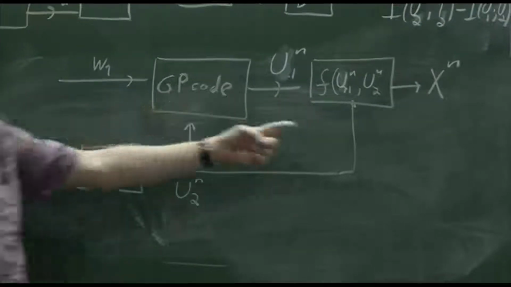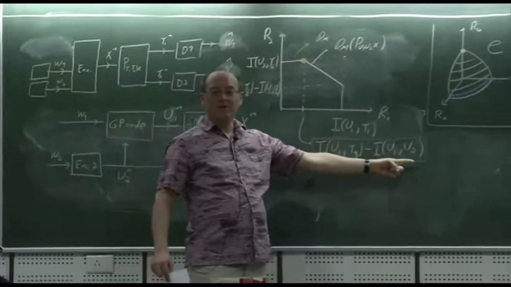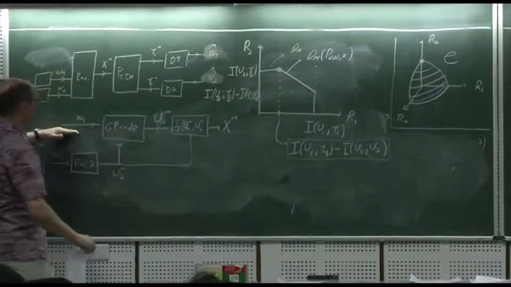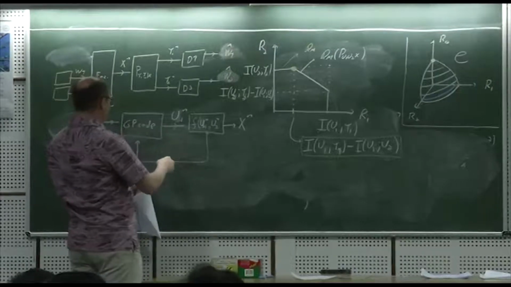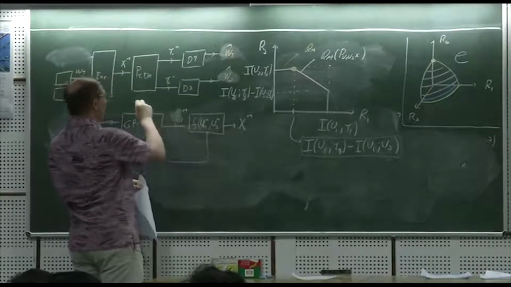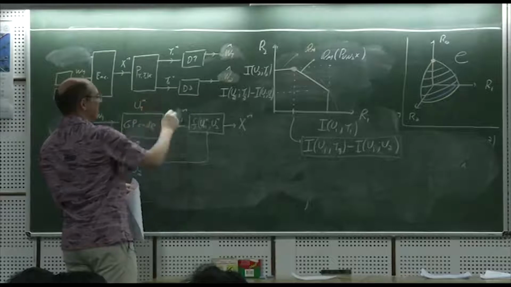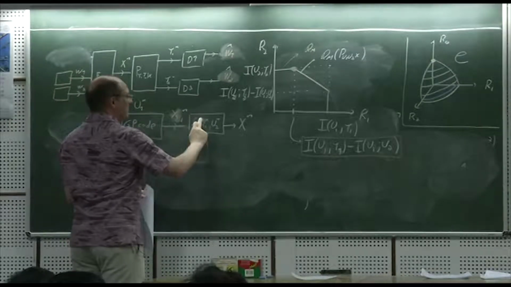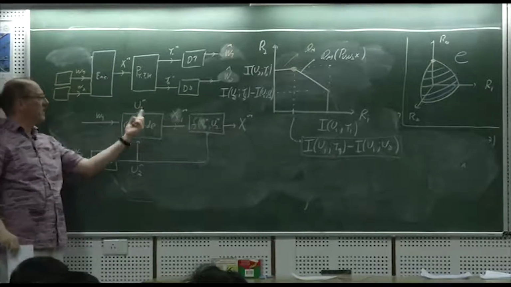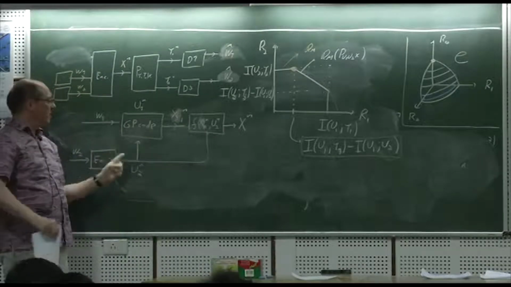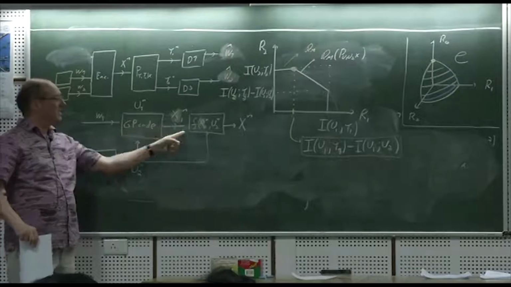But then we get exactly this rate for user 1. It's exactly the rate of the channel that effectively, well, I should be careful. This is x1^n. There's a u1 here internally. Remember what we did? This should be x1^n. So let me take that back, because remember how the Gelfand-Pinsker code was done? We generate a u1 inside, and then we use u2 and u1 to generate an x1.